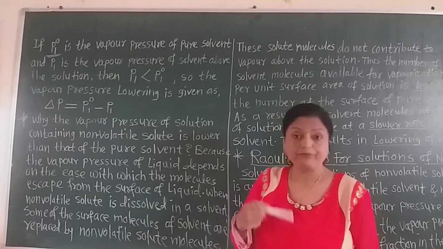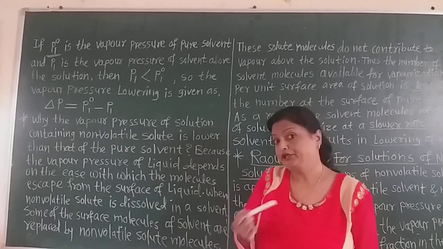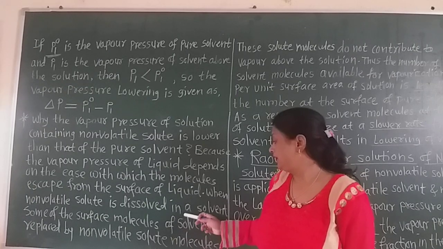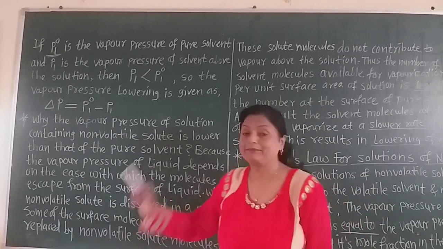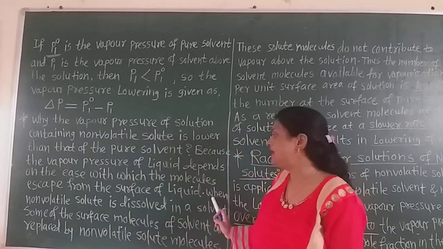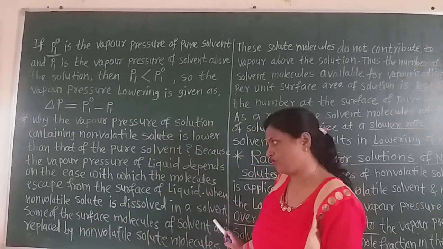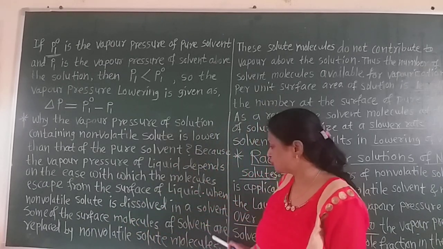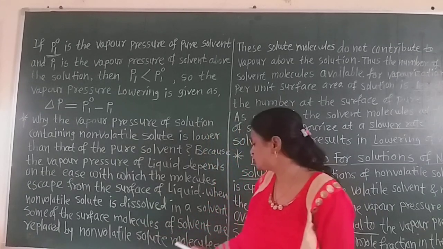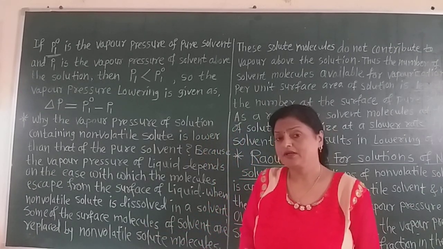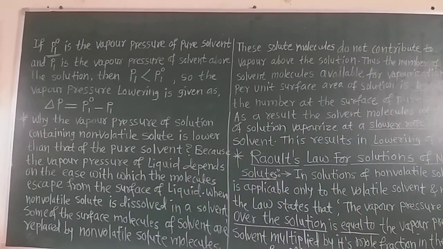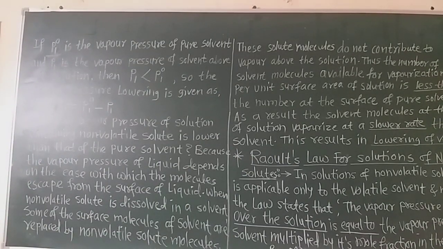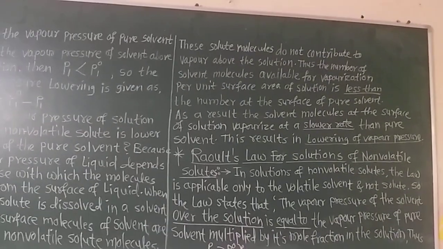When a non-volatile solute is dissolved in the liquid, what happens? In a solvent, some of the surface molecules of the solvent are replaced by the non-volatile solute molecules, as shown in the figure.